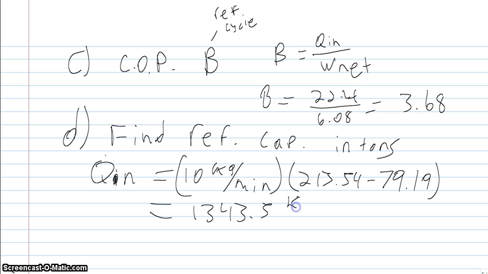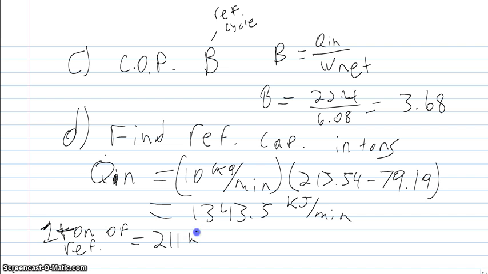1,343.5 kilojoules per minute. Now, if you look at your tables, you will see that 1 ton of refrigeration equals 211 kilojoules per minute.